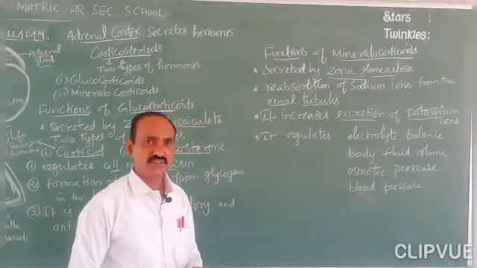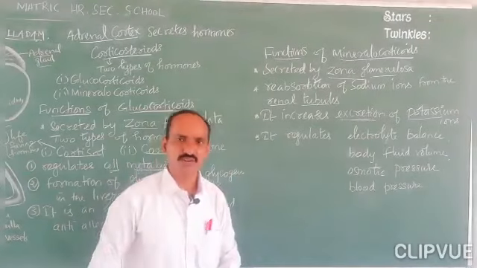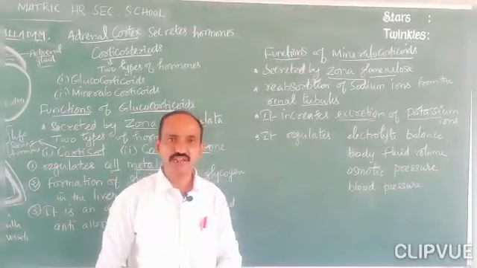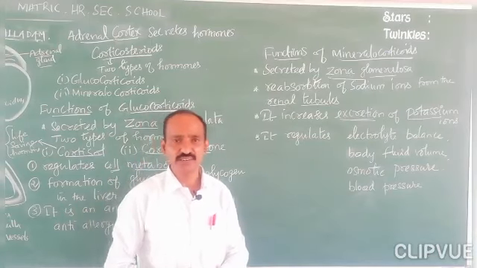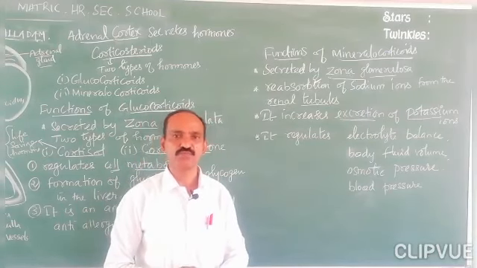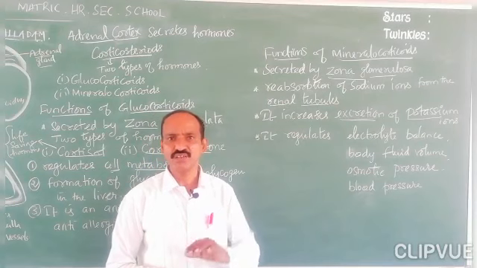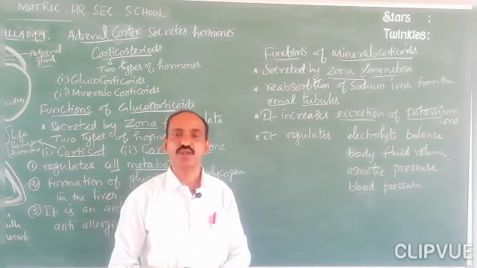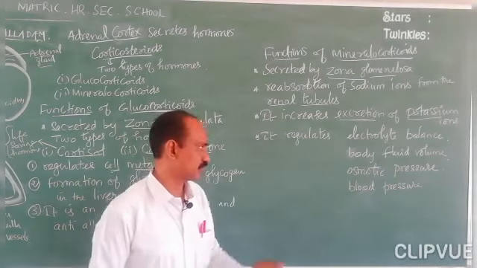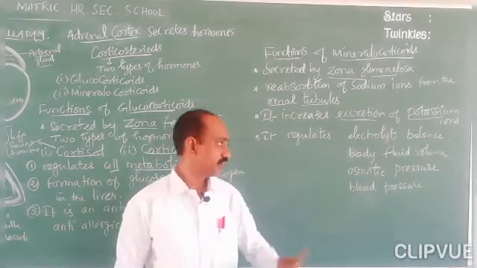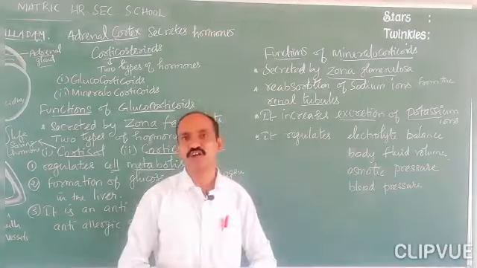Next point, mineralocorticoids maintain electrolyte balance. Electrolyte balance means they maintain the minerals like sodium, potassium, and all other ion contents. Everything is maintained by these mineralocorticoid hormones. Then, they maintain body fluid volumes.